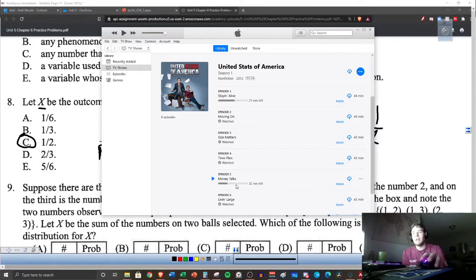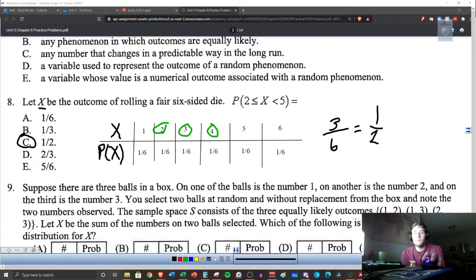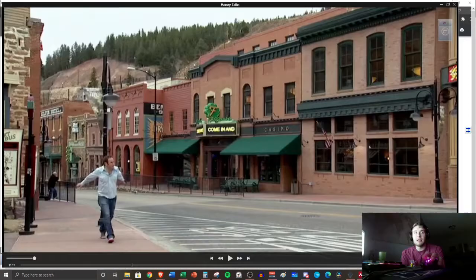But we're watching this one about money talks. Here they're trying to strike it rich and talk about the average salaries in America. But these two brothers say, okay, we're going to get rich. One of them goes and mines for gold. The other one goes to a casino to try to win money there. So those are the scenes we're going to be watching, just the ones in the casino. So let's go ahead and get that started. Let me minimize and get rid of my camera.